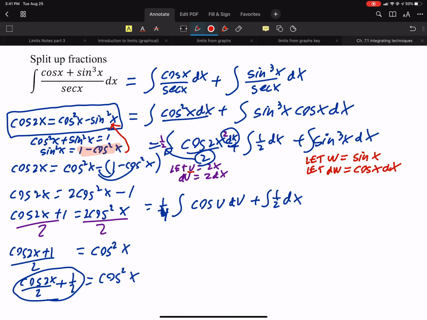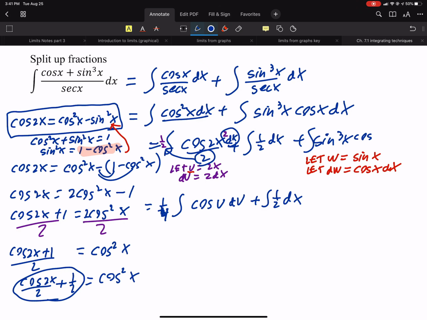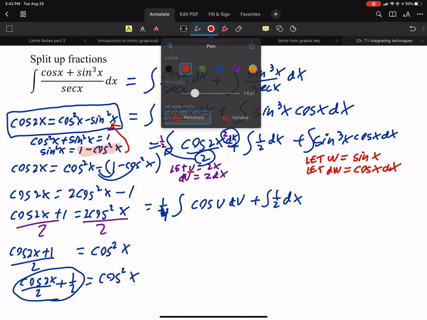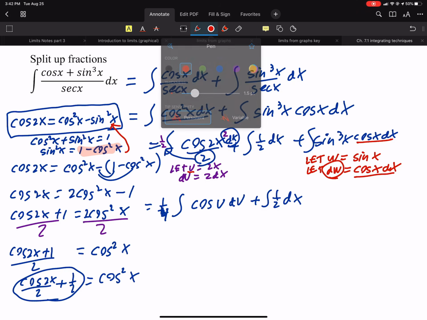Oh, I forgot the cos x from above. And here's what is nice and pretty: this appears there, so that is replaced by dw. And beautiful things are happening.